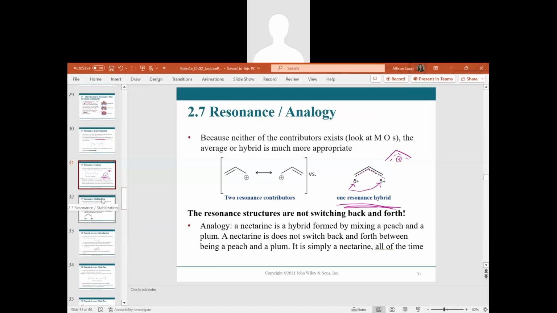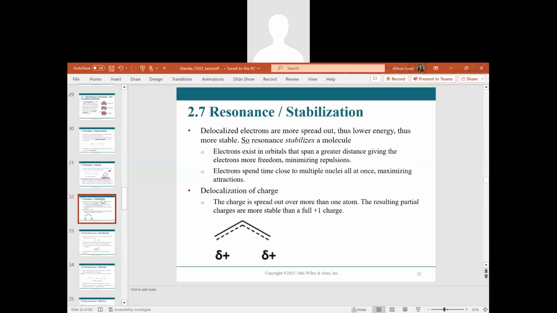And what can we tell from resonance? What does resonance indicate? Since we have these delocalized electrons, they're more spread out, and this results in a lower energy. We discussed in a previous video that lower potential energy would indicate a more stable compound.